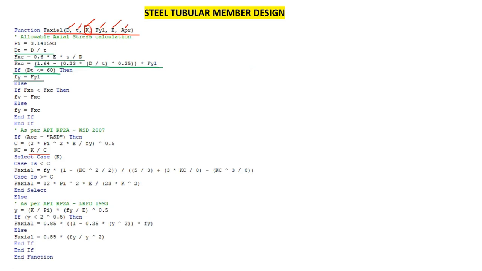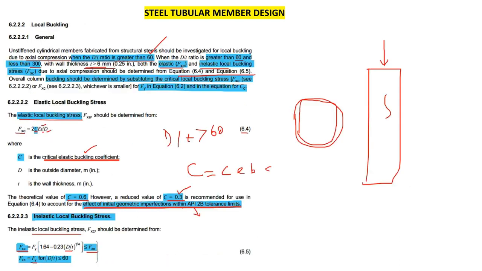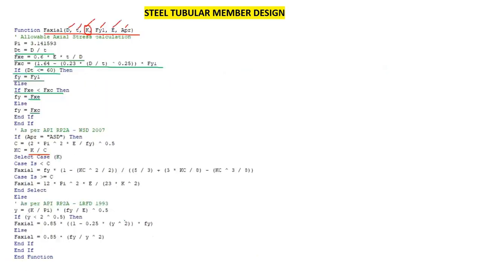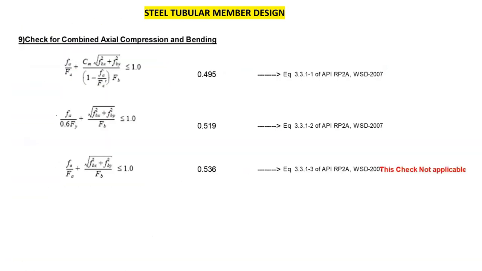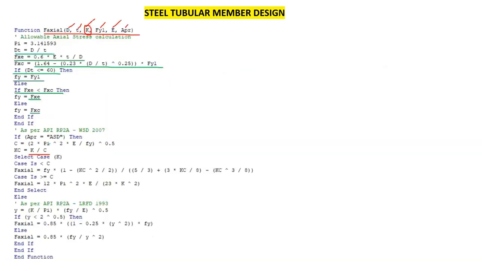Then the yield value we can take as Fy itself. If Fxe is less than Fy, then we will take Fxe itself. Else we need to say the yield value is Fxe. This is the condition given here, right? This condition and this condition. So that condition we are putting in the VB macro, so we can take the allowable stresses.